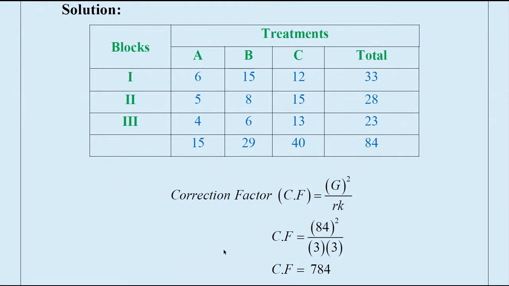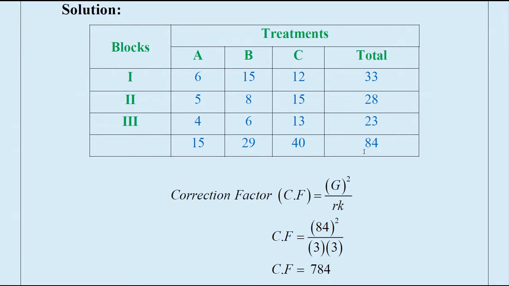First we find the correction factor. The formula for correction factor is the square of the grand total over RK. R is the number of replications, represented by blocks. In each block there are 3 replications and K represents the number of treatments.